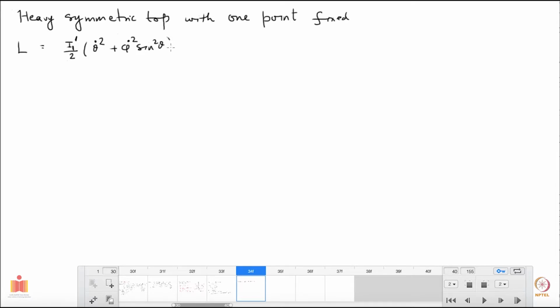These are your Euler angles and their derivatives, and you have then I3 over 2 (psi dot plus phi dot cos theta) square, minus the potential energy term, which is mu g L cos of theta, where mu denotes the total mass of this top.